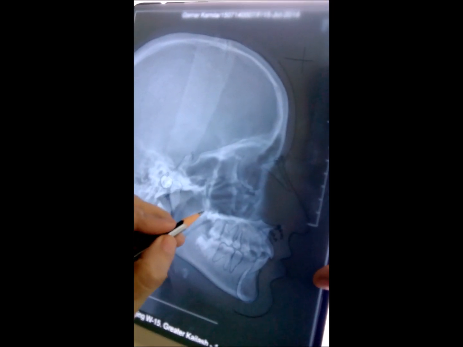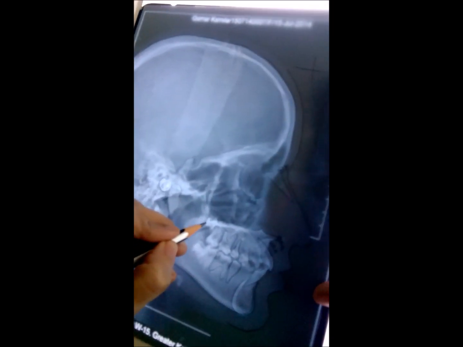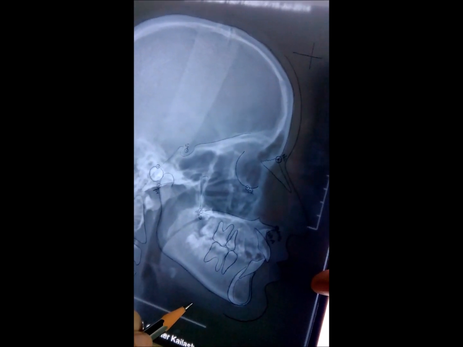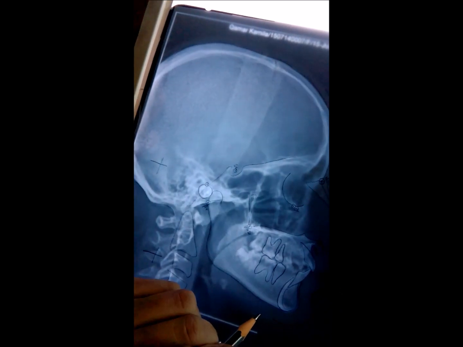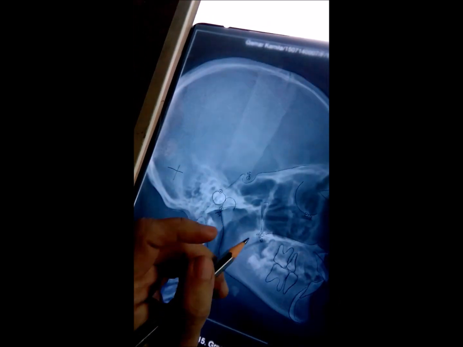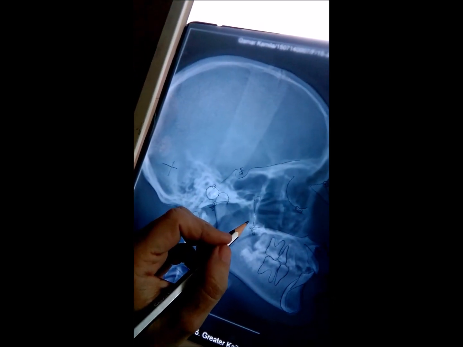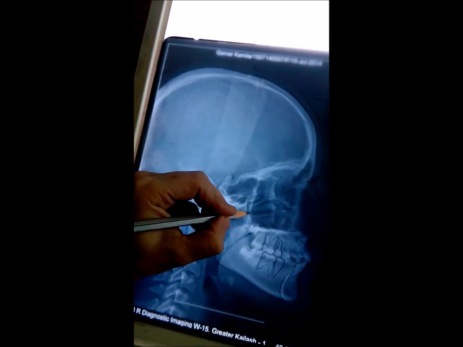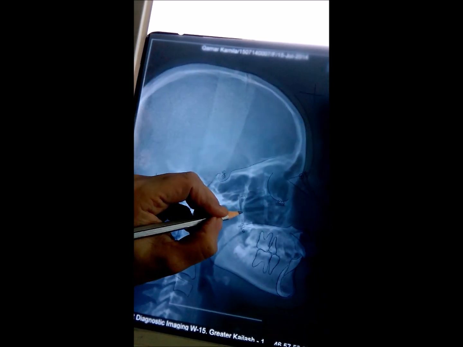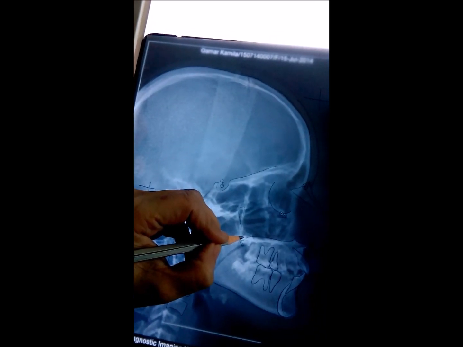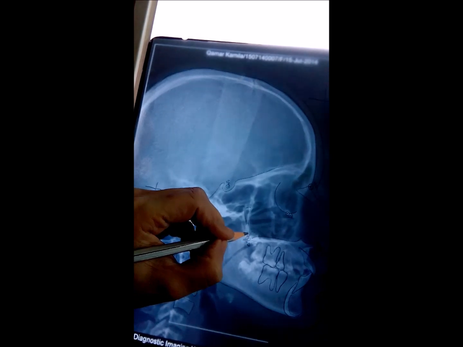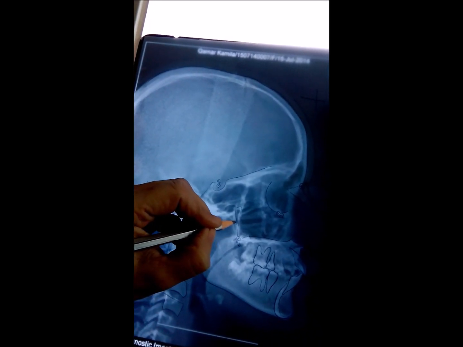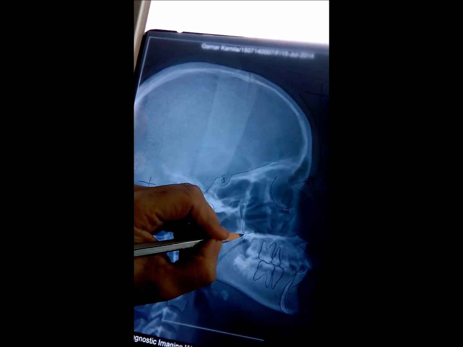Then the PNS. This is the PNS. The posterior spine of the palatine bone constituting the hard palate is the PNS. Then pterygomaxillary. The contour of the pterygomaxillary fissure, formed anteriorly by the retromolar tuberosity and posteriorly by the anterior spine of the pterygoid process of the sphenoid bone.